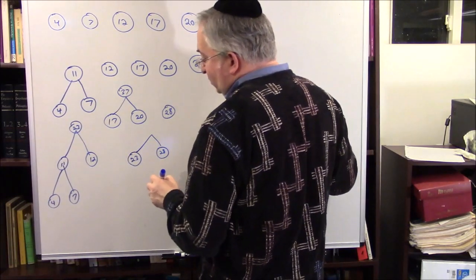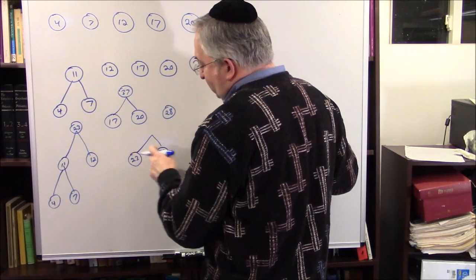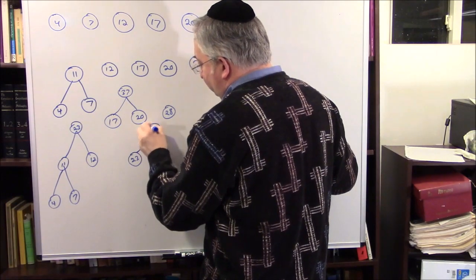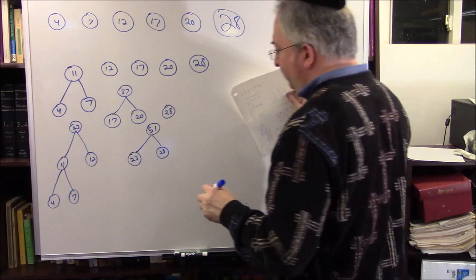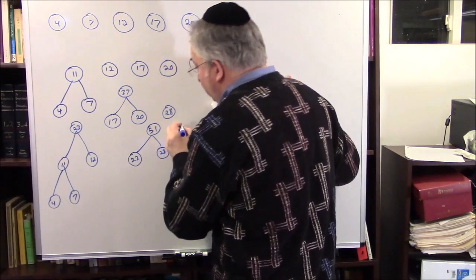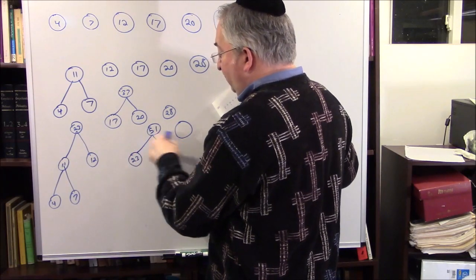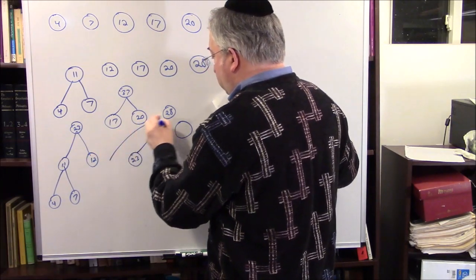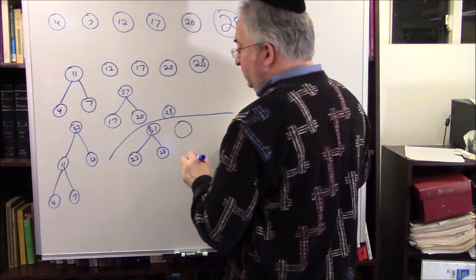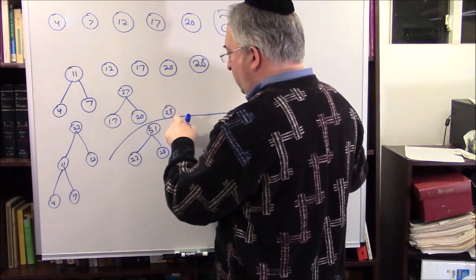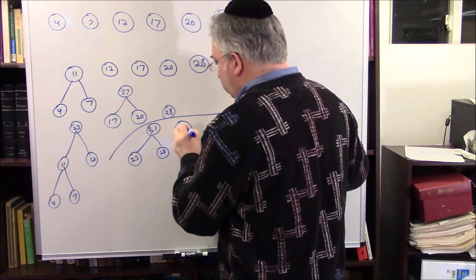This is why I hate teaching without students behind me. 23 and 28 is 51, I believe. Let's check it out. Yep, 51. Let's just fill in that point. So I have 23 and 28, and what's left is 37.